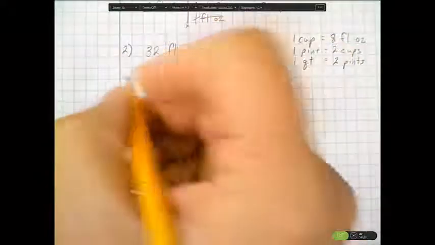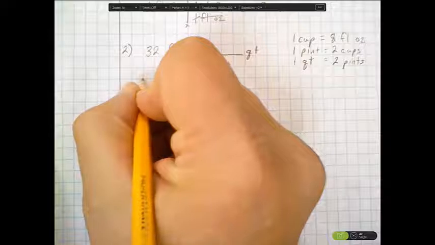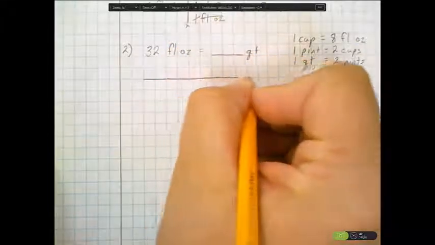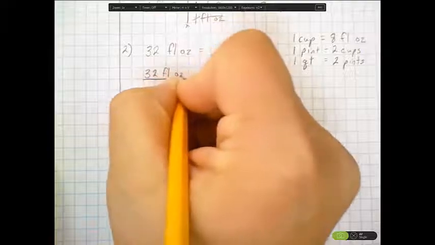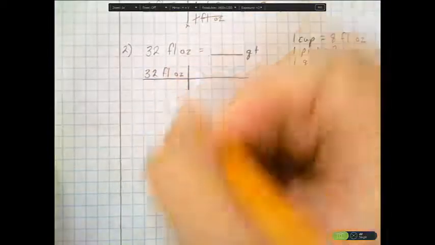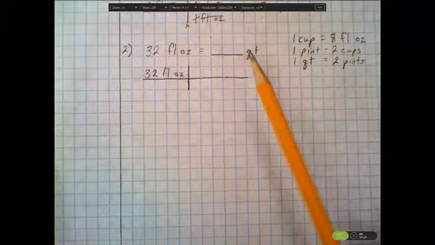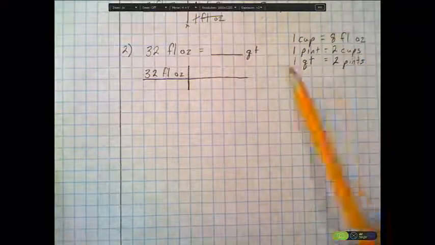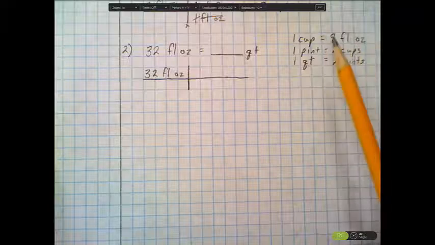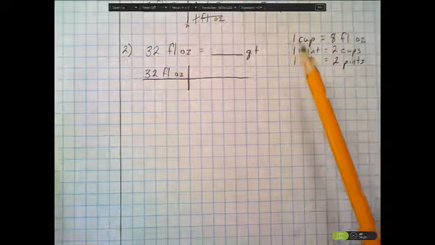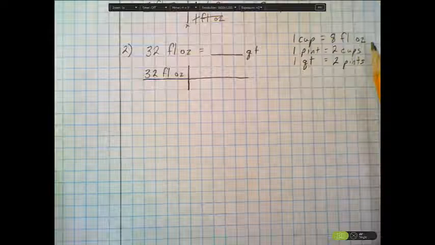So again, we start off the same way. We write our division line, and we start off with 32 fluid ounces. Typically, we'd look for a relationship between ounces and quarts, but we don't have one. Matter of fact, the only thing that we have with fluid ounces is this relationship where it says 1 cup is equal to 8 fluid ounces.